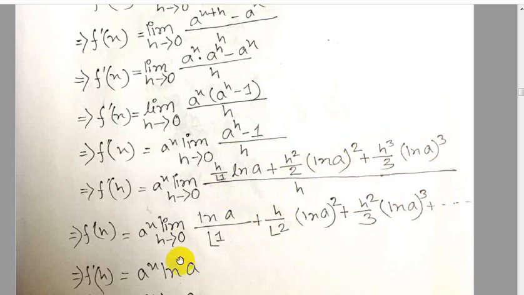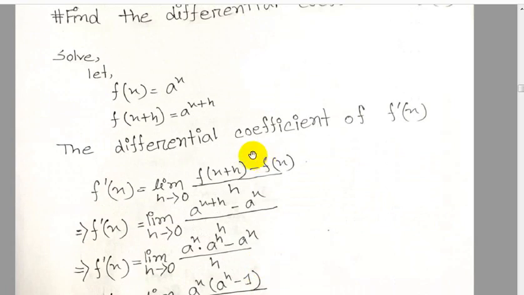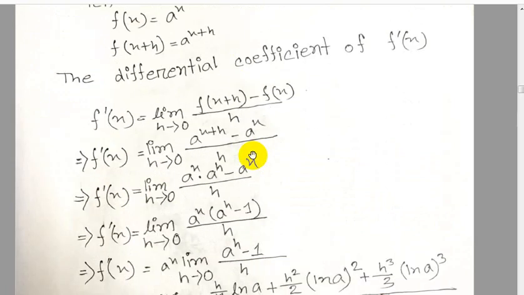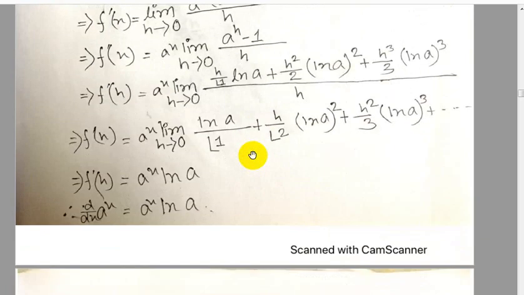Now we have put h equals to 0 for all the terms, and we have got ln a divided by 1 factorial, which is ln a, and we have got a to the power x into ln a. You can do this problem as your homework, and you can send me your feedback.